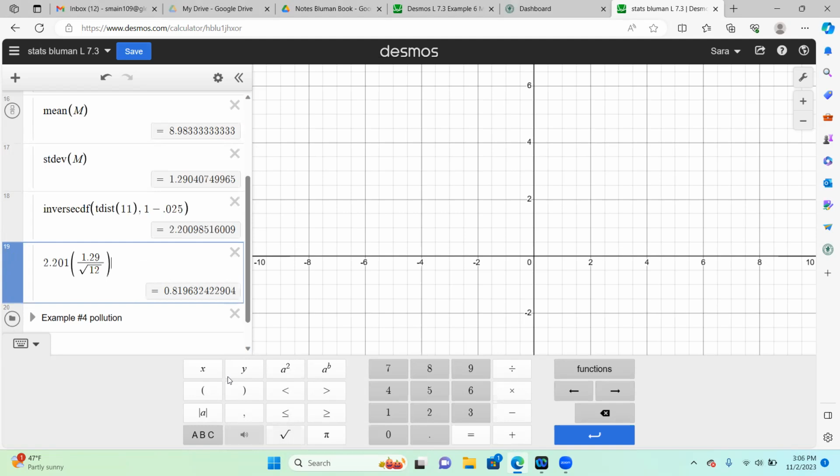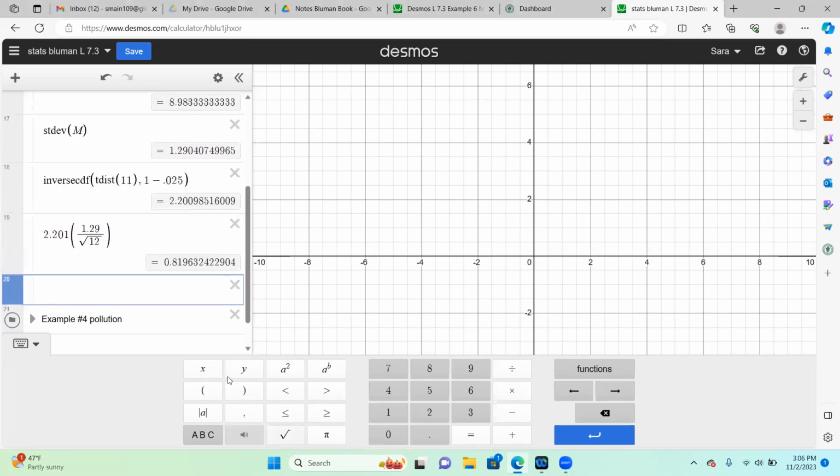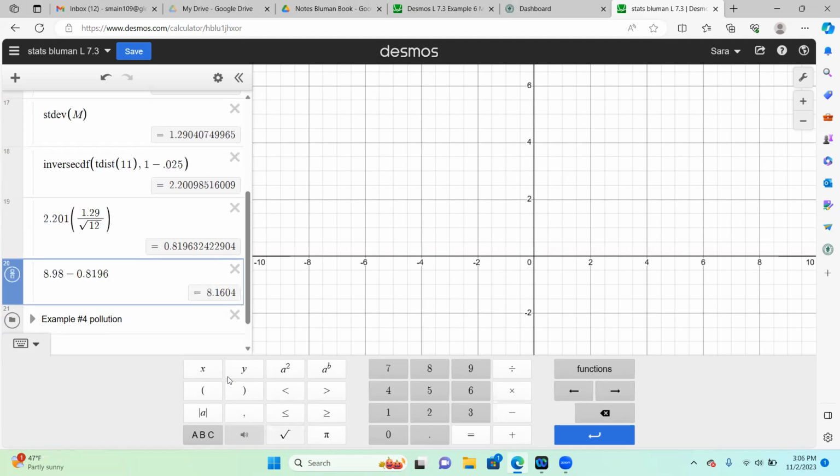So there is my margin of error, 0.8196. I'm just going out 4 decimal places. And then to find my upper and lower bound, my lower bound is going to be the mean, which is 8.98. So my lower bound is going to be subtracting my margin of error. So my lower bound is 8.1604, depending on how many decimal places you used on that margin of error.